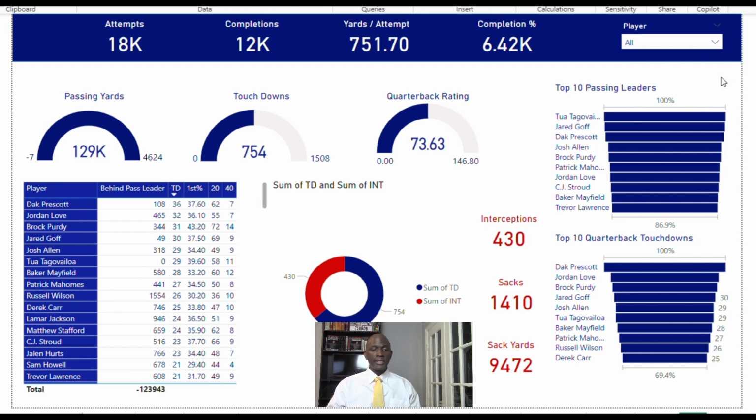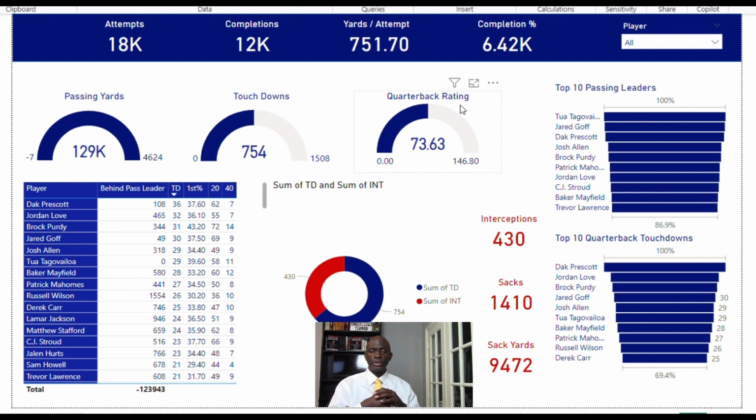And what we realized is, looking at the quarterback rating, when one quarterback had a higher rating than a quarterback that was in the top 10 as a top 10 quarterback, passer or touchdown or any other analytics that you may want to choose, we had to create filters. And that's another thing that we're able to do with Power BI.